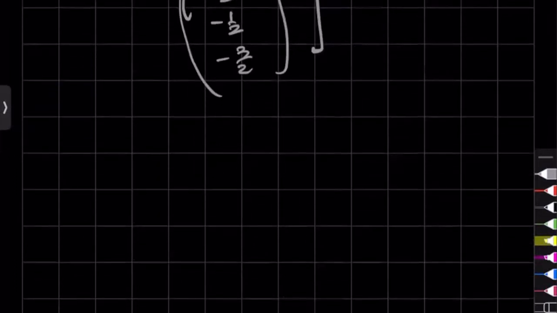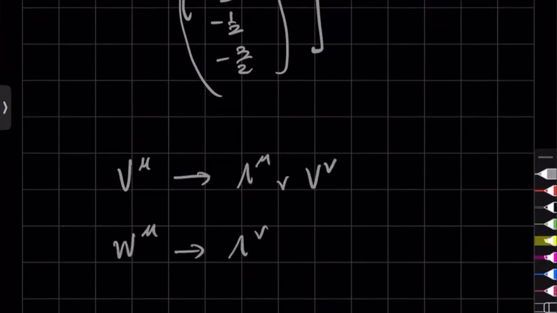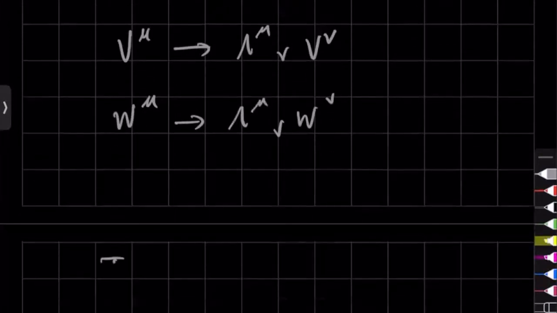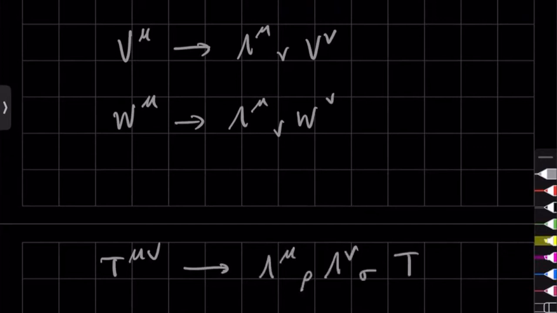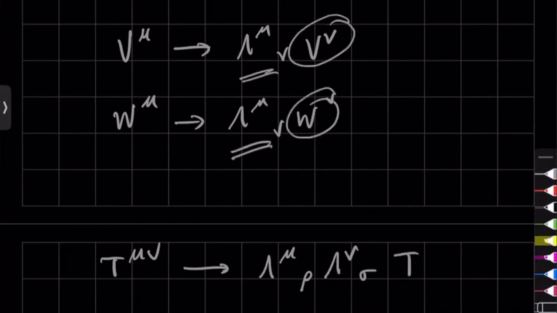So now, if I make a Lorentz transformation, we know that V mu goes to lambda mu nu V nu, and W mu goes to lambda mu nu W nu. So now the question is, how does T mu nu transform? T mu nu should transform like lambda mu rho, lambda nu sigma, with two factors, because each of these factors gives rise to one factor of lambda, and so this will be T rho sigma.